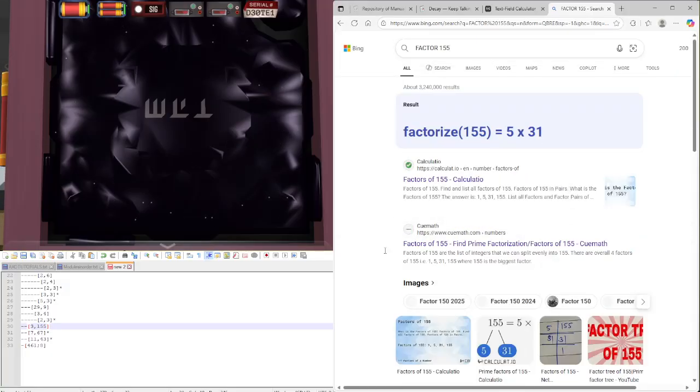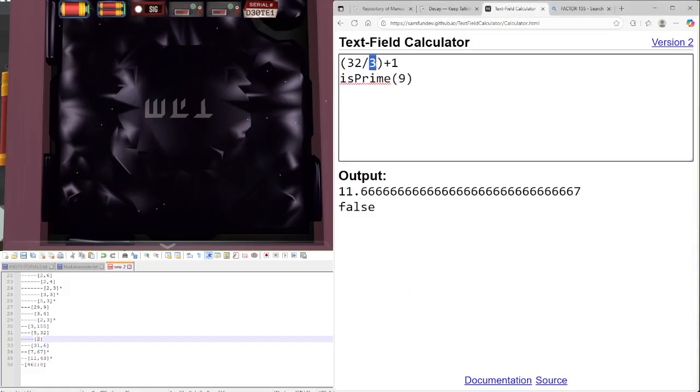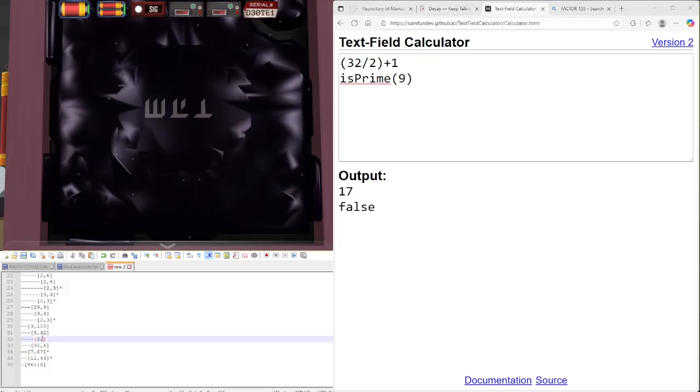Am I getting brutal for this? This is 5 and 31, and since it's the only factors, it's going to be 1 plus the other one. None of which is prime. This will just be 2.